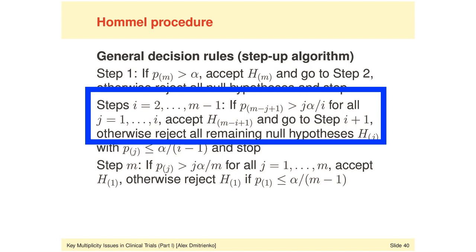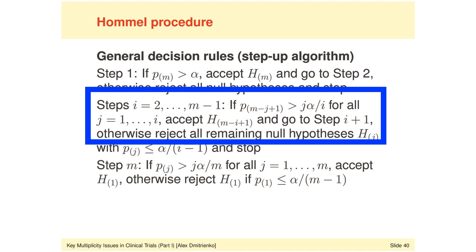And secondly, the decision rule for each hypothesis in steps 2, 3, and all of the other steps up to step M depends on the current p-value as well as all of the p-values that are greater than the current p-value. For example, the decision rule for the second hypothesis in the data-driven sequence depends on the second largest p-value and then also on the largest p-value.